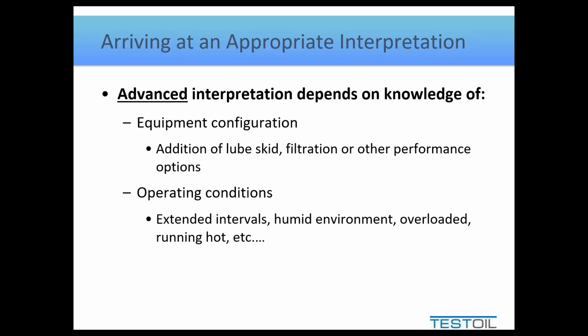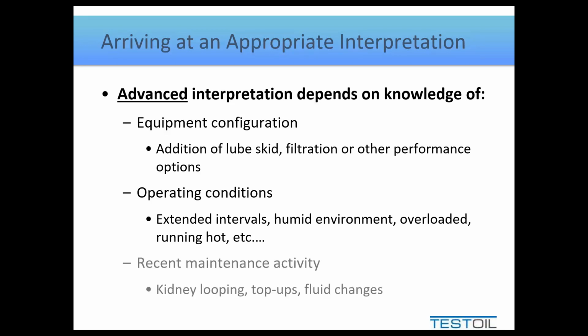But other factors like, is it hotter? Is it more humid? Are you running it faster or under greater loads? Are you running it intermittently? If there's any change to the operating conditions, they will have direct correlation to some of the data on your oil analysis report. And the last category is any maintenance activity.